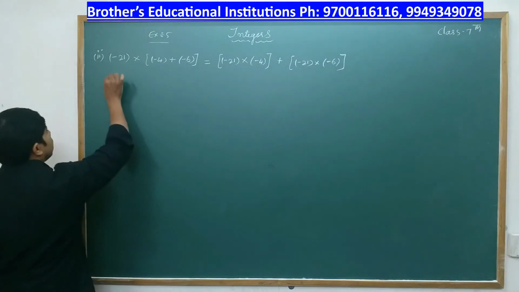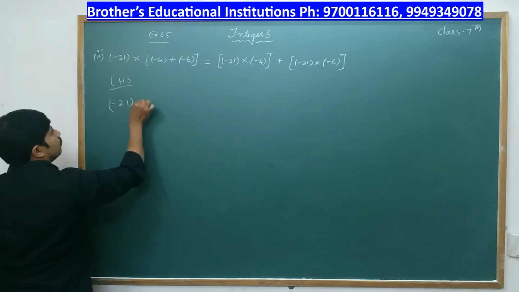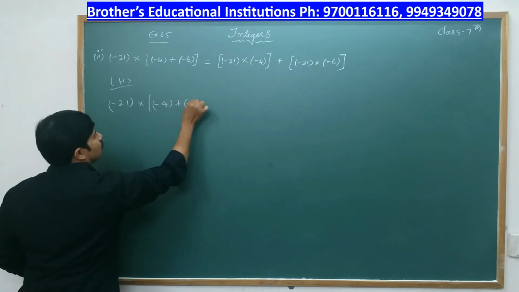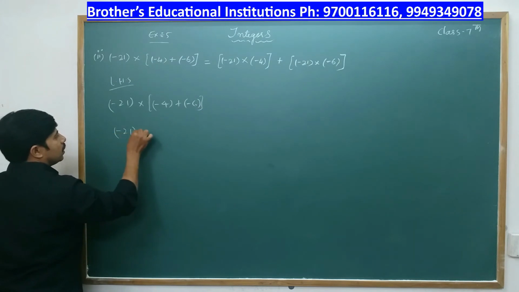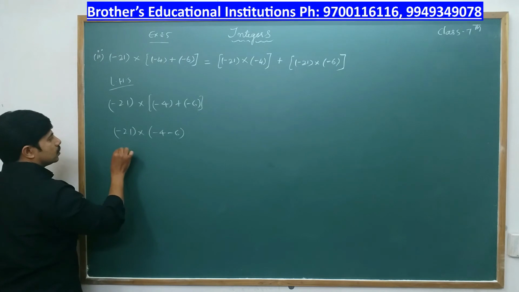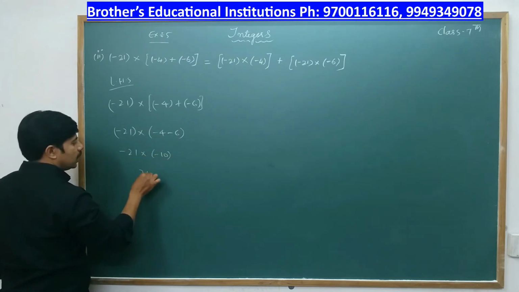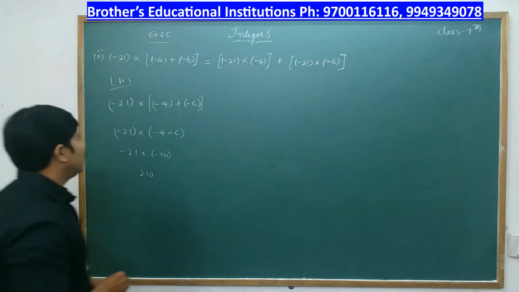First we take LHS, that is minus 21 into (minus 4 plus of minus 6). So minus 21 into (minus 4 minus 6) we write. So minus 21 into minus 10. So we get 210. Now we take RHS.